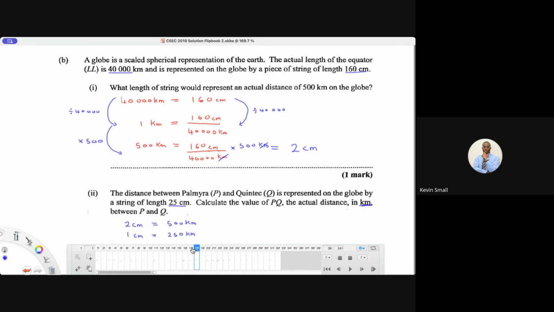And if I know what 1 centimeter equals, then I can simply multiply that by 25. So I can say, therefore, 25 centimeters would be equal to 250 kilometers multiplied by 25.